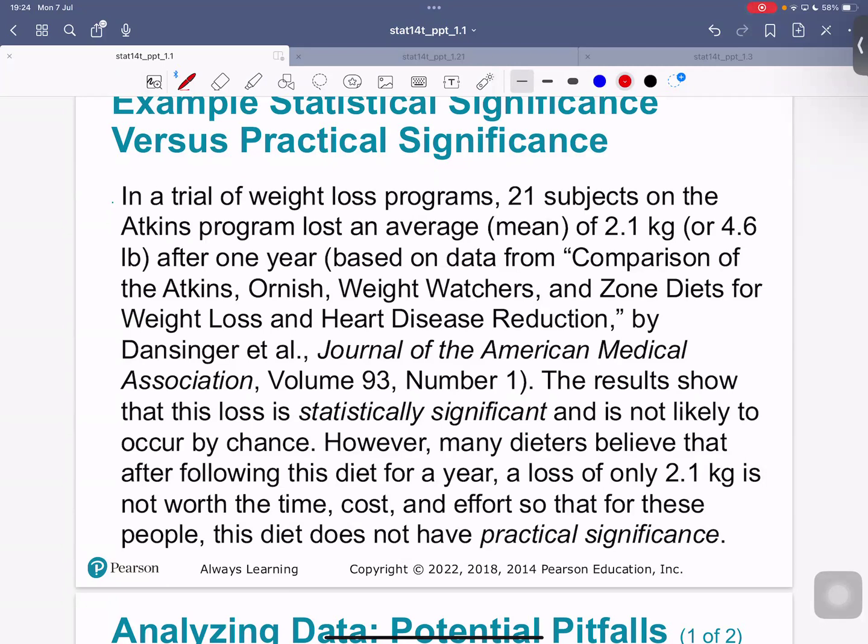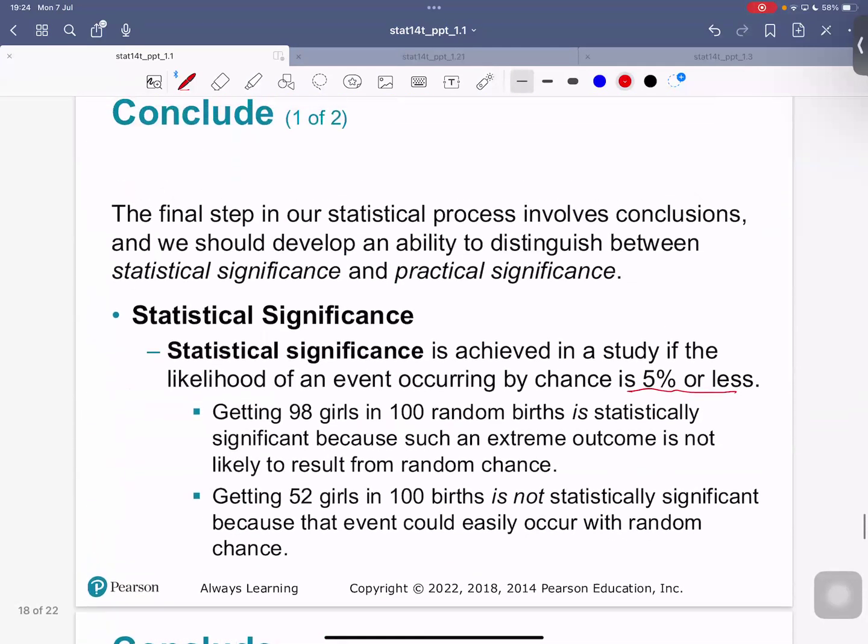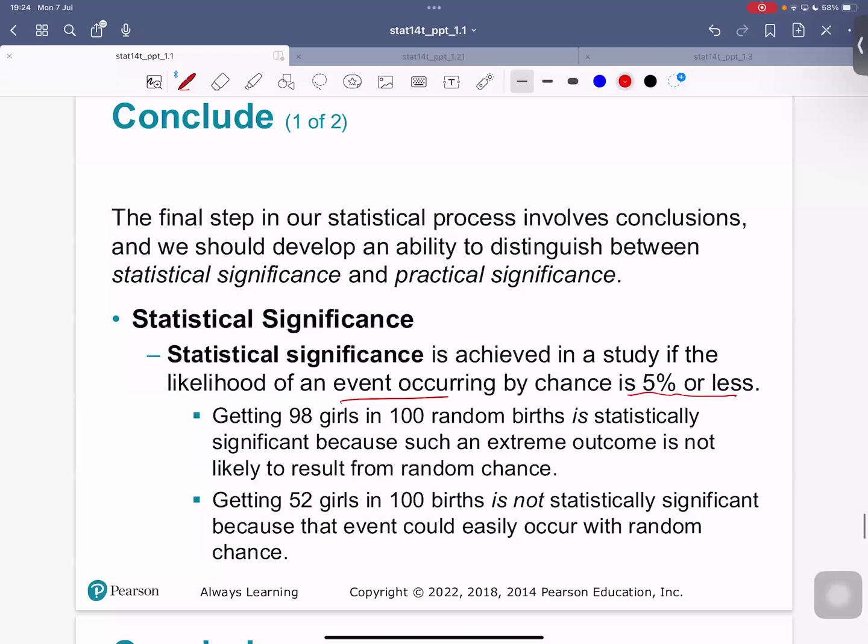So statistical significance is the probability that it could occur by chance. Firstly, it must satisfy that first thing, by chance, and then after that we consider whether it is 5% or less, right? But it didn't even satisfy the first part.